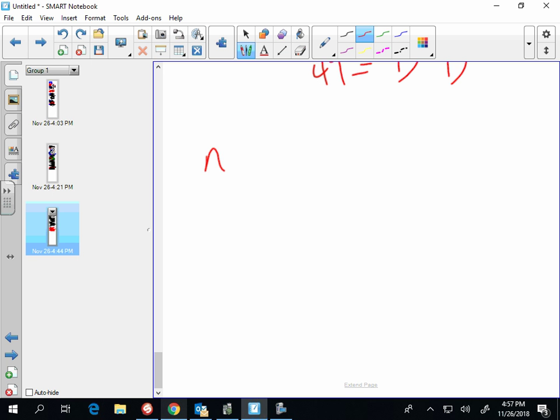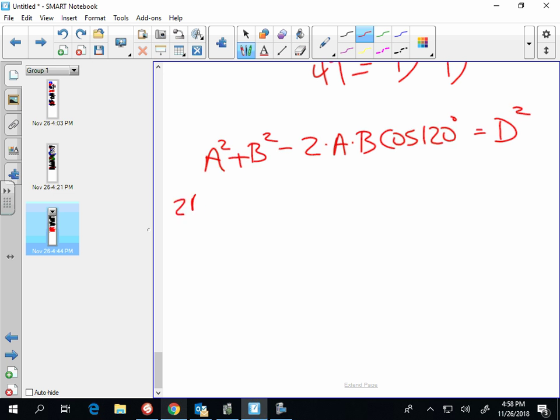Okay, so I've got a squared plus b squared minus 2 times a times b cosine of this constant angle equals d squared. So over here we're going to have 2a dA/dt plus 2b dB/dt equals, well, look, we know the cosine of 120 is negative 1/2 times this negative 2 is positive 1.